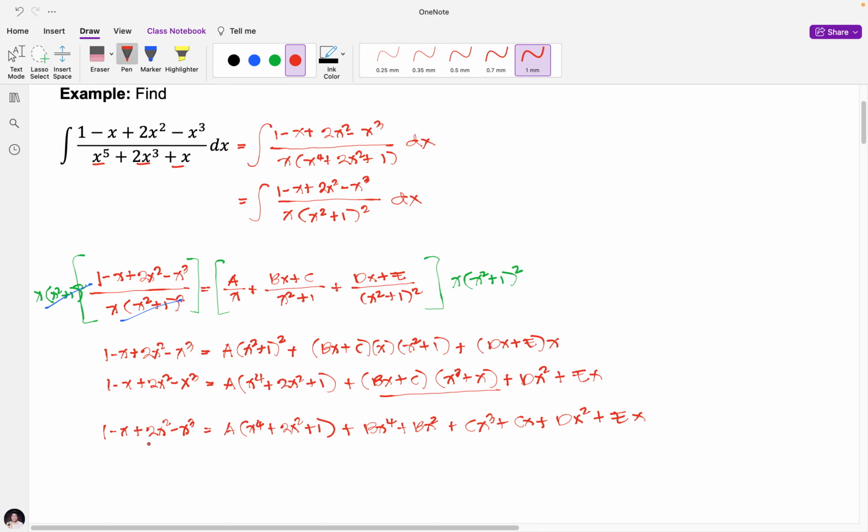Dapat pala na expand, distribute to. So, x plus 2x squared minus x cubed. Distribute muna natin si A kasi nakalimutan. So this is Ax raised to 4 plus 2Ax squared plus A. So, copy.